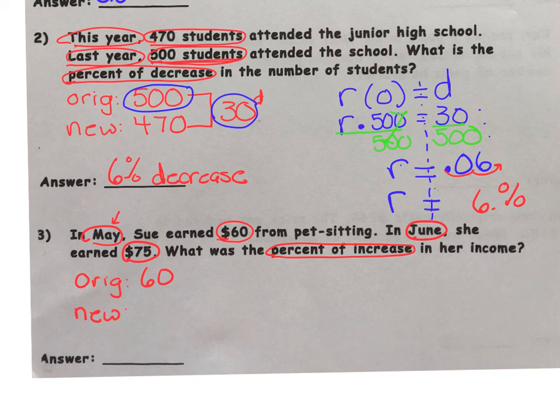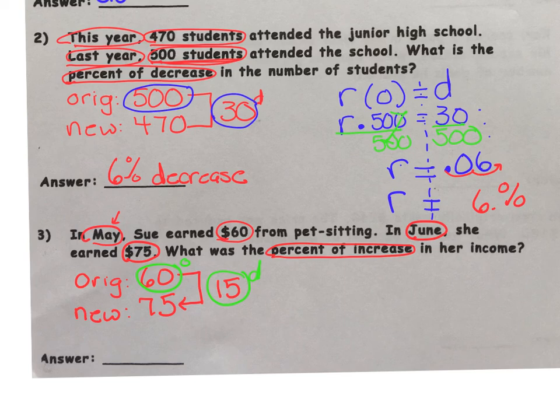The new amount is 75. We see that there's been a change, some growth. If you subtract, you find a difference of $15. So we're going to use our difference of 15 and our original amount of 60 and find the percent of growth.